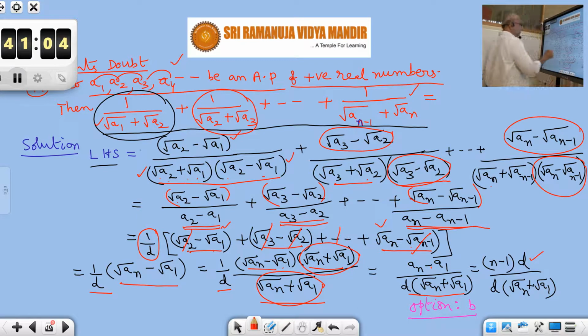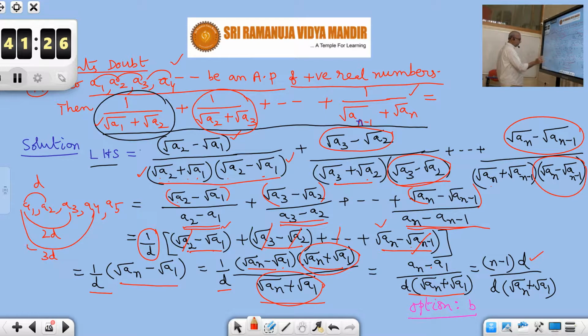I will explain here. A1, A2, A3, A4, A5, so on. What is A2 minus A1? D. What is A3 minus A1? 2D. What is A4 minus A1? 3D. A4 minus A1 is not 4D but 3D.